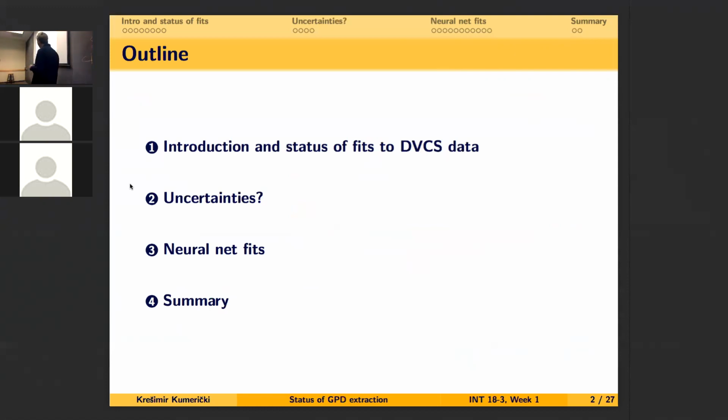And obviously, this will have to do with the present uncertainties of what's coming out of the fits, uncertainties of structure functions. And then I will argue that neural networks offer a really nice tool to assess the uncertainties of the structure functions as known today.